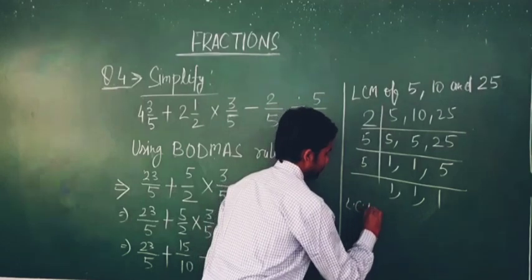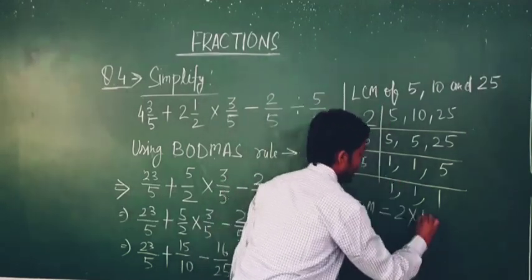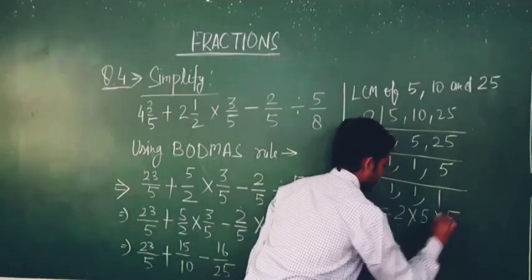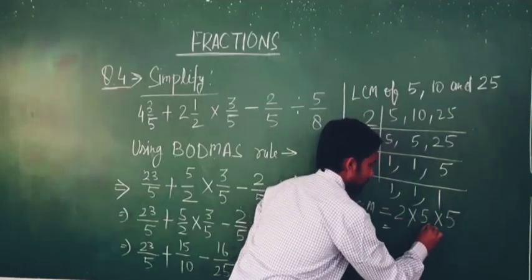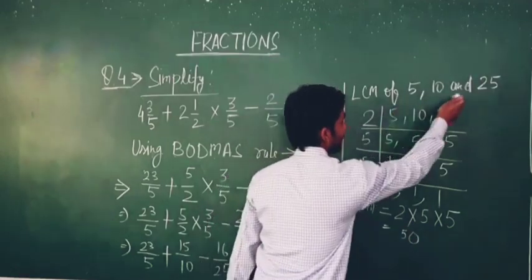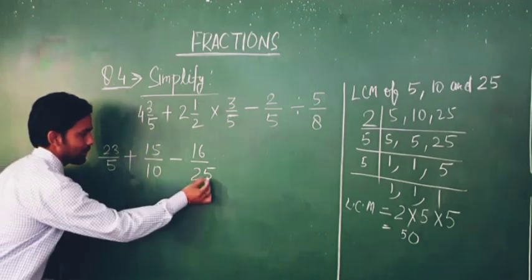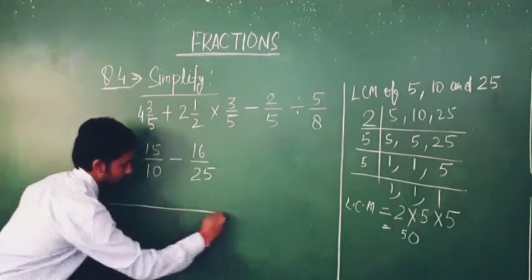Then the LCM equals 2 multiplied by 5 multiplied by 5. 2 fives are 10 and 10 fives are 50. Then the LCM of 5, 10 and 25 is 50.